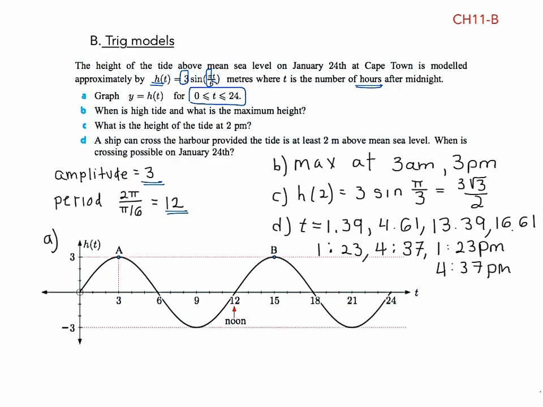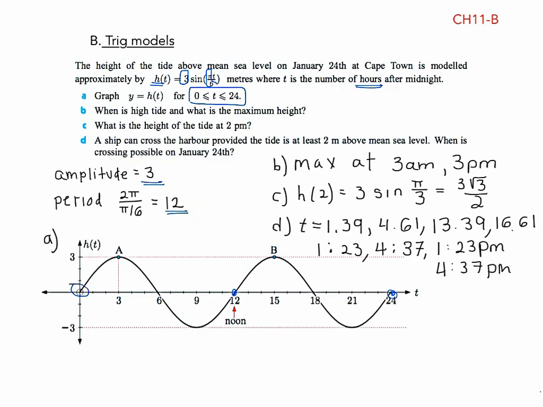One of the ways to graph this is to first show 12 and 24, then pick out the numbers that are going to work nicely. For example, since you're dividing by 6, if you have t equals 0, 0 over any number will always be 0. So sine of 0 will be 0. So 3 times 0 will be 0.